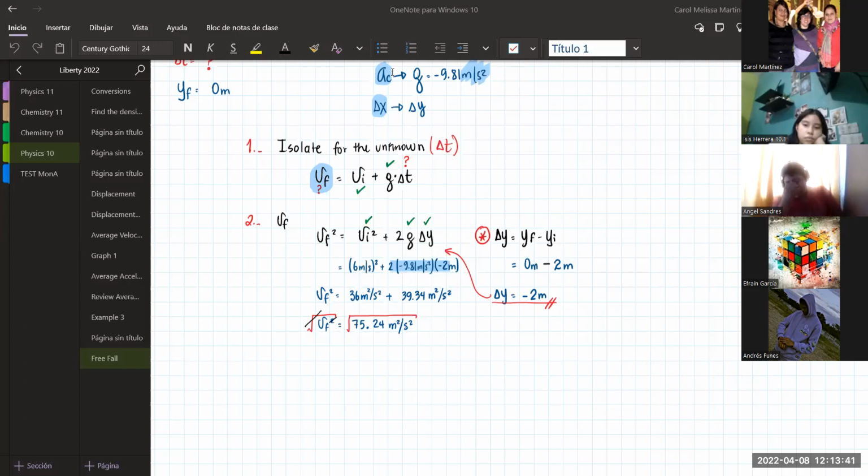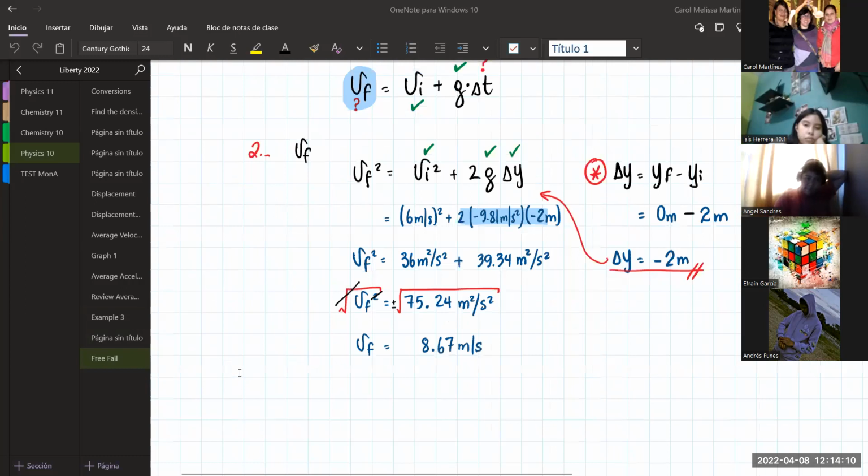And how much is the square root of the answer? 8.67 meters per second. Now here we need to be very careful, and I need that you guys listen. Remember that a square root can give you two answers, plus or minus.